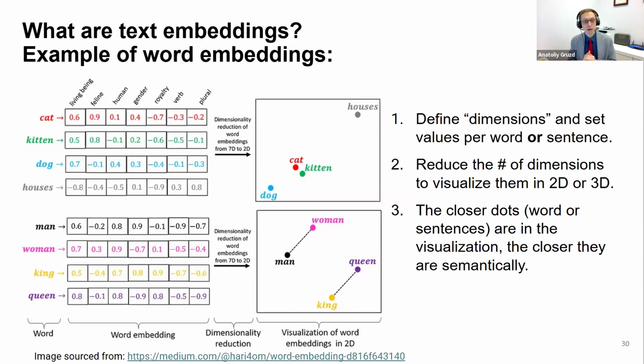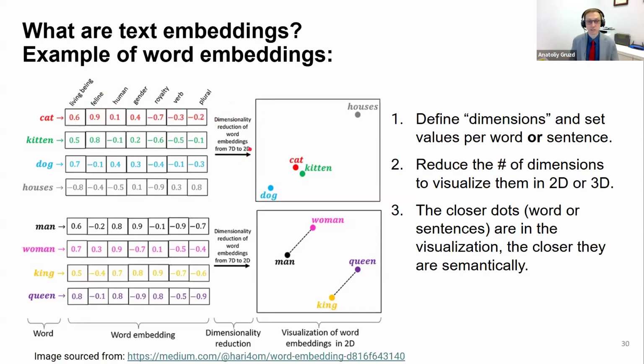In this case, how many dimensions do we have? 1, 2, 3, 4, 5, 6, 7 dimensions that represent each word. But again, how do you visualize 7 dimensions? I don't know. But I know how to visualize, let's say, 2 dimensions. Luckily, we have several dimension reduction procedures.